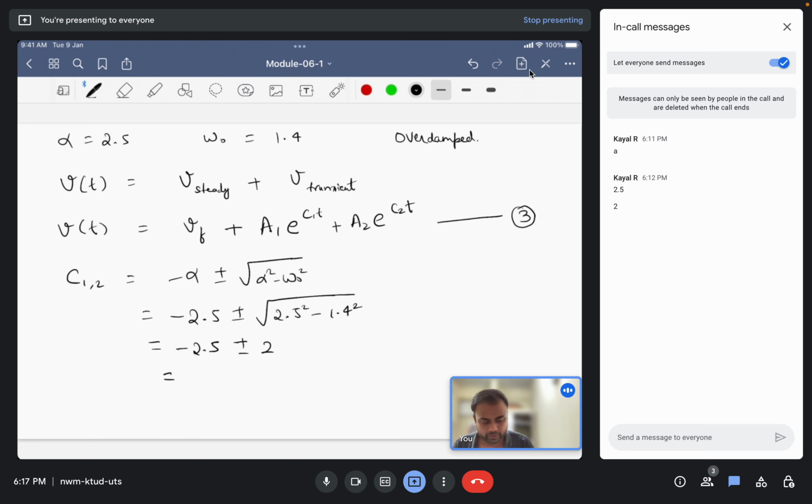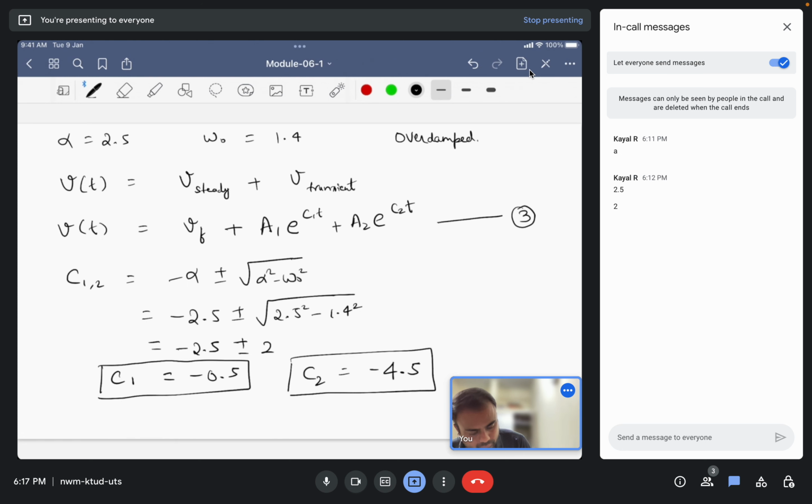So the respective values will be, first of all for the positive case, 2 minus 2.5, that is minus 0.5. So let us say C1 is minus 0.5 and C2 is minus 4.5. So now we have the values C1 and C2. So let us substitute C1 and C2 in equation number 3.